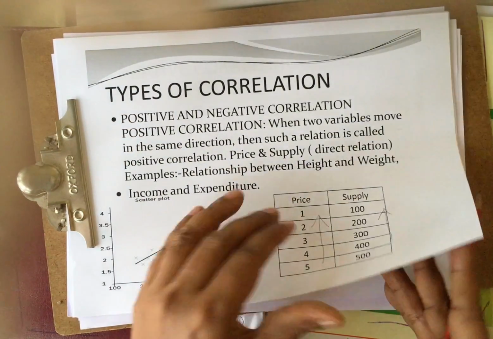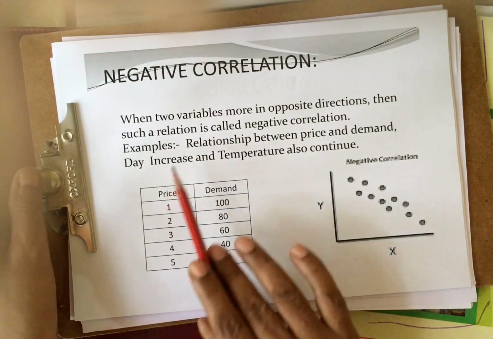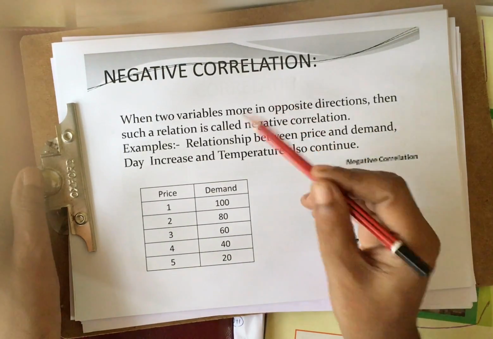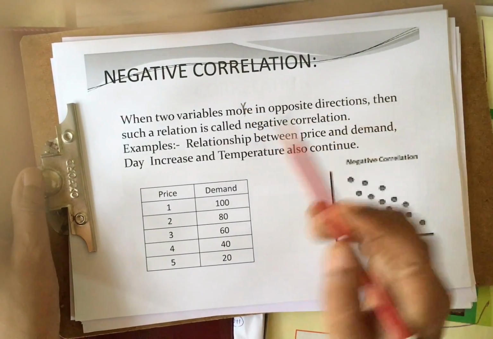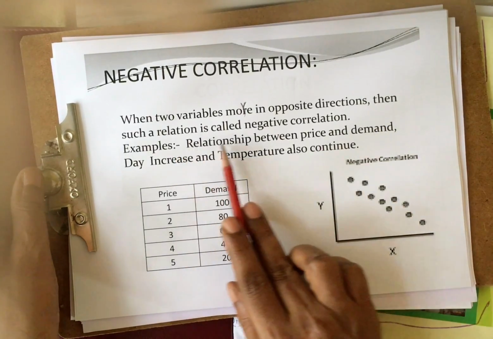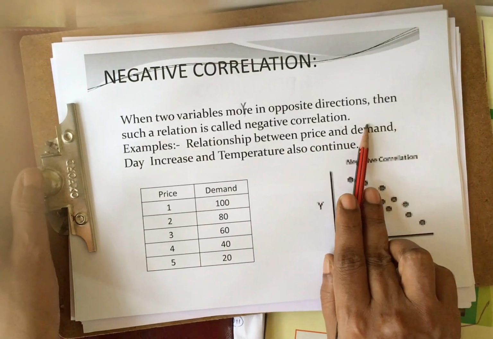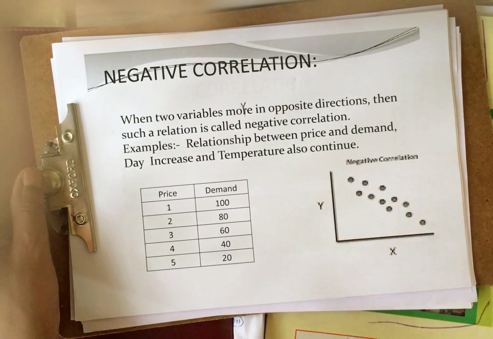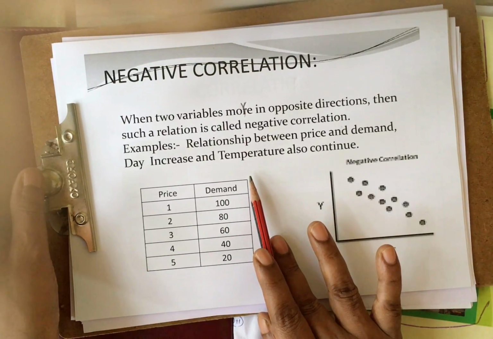Now, negative correlation: when two variables move in opposite directions, then such a relation is called negative correlation. Examples: relation between price and demand. When summer increases, the demand for cotton cloths and ice cream increases.